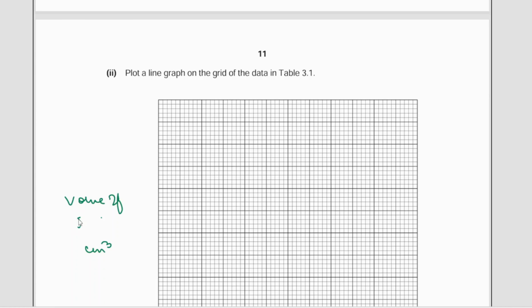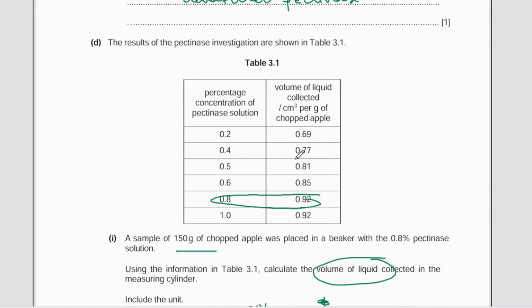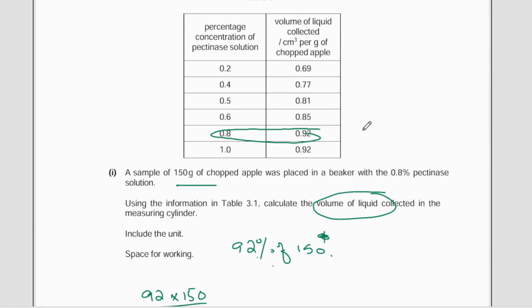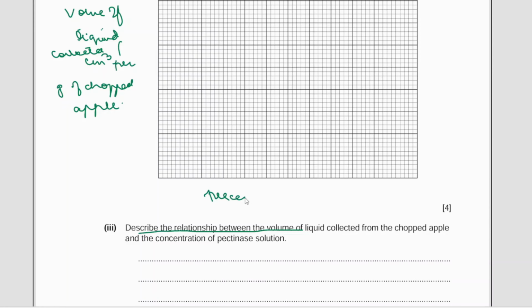Whatever is written in the table, you have to use that word. It's written per gram of chopped apples, so we have to mention that. We have to write this whole thing. And then percentage concentration of pectinase solution.